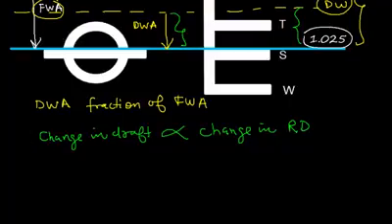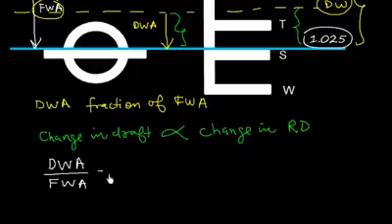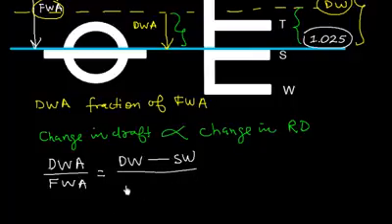So I can write like this: dock water allowance divided by freshwater allowance is the change in density from dock water to salt water, divided by the change in density from fresh water to salt water.